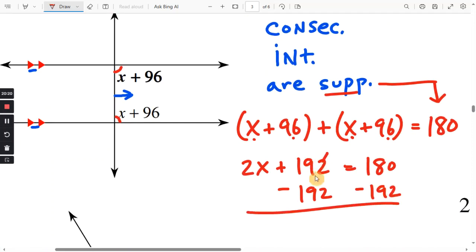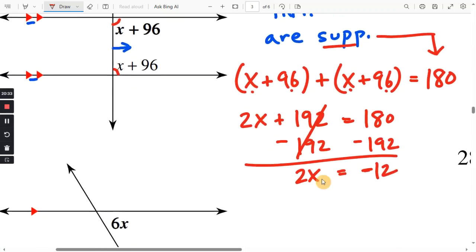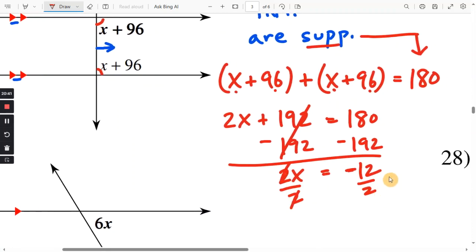It cancels here. You bring down your 2x. You bring down your equal sign. 180 minus 192 is negative 12. Okay, this is x times 2. The opposite of times 2 is divided by 2. Cancels here. And negative 12 divided by 2 is going to be negative 6.